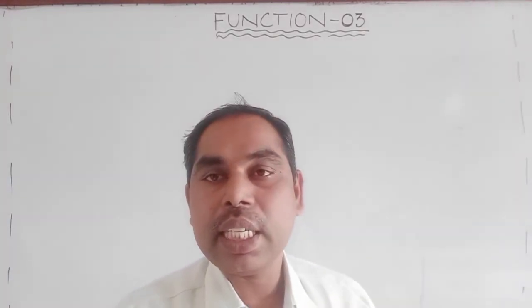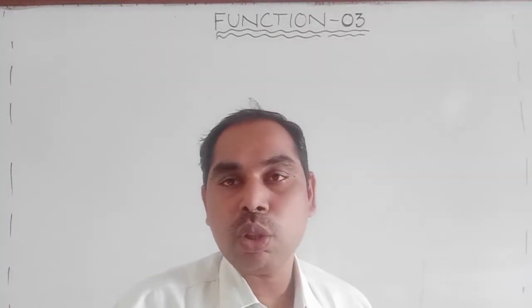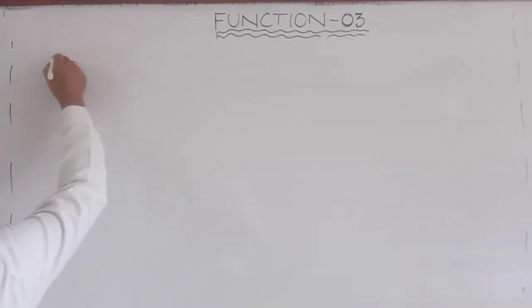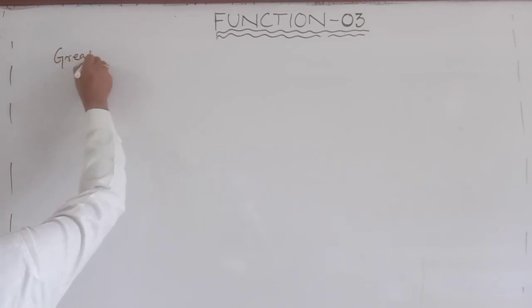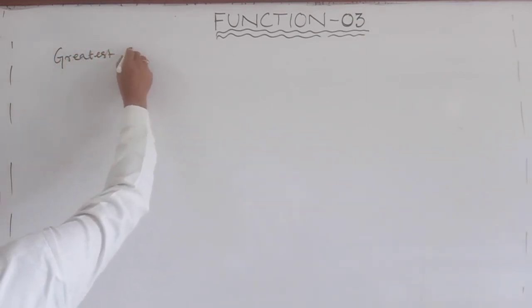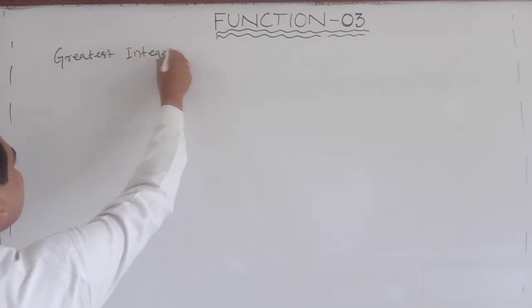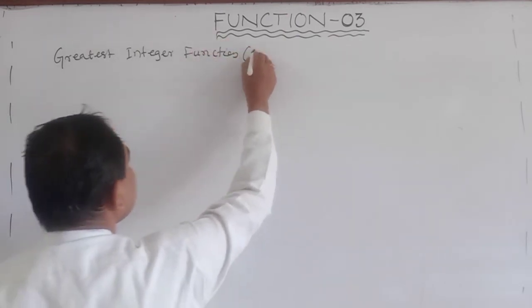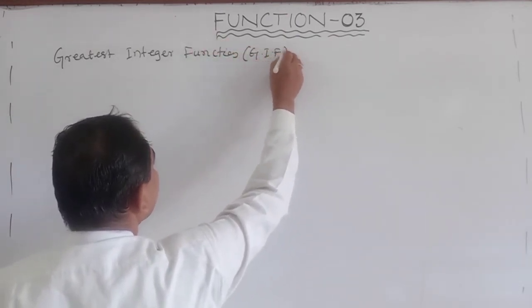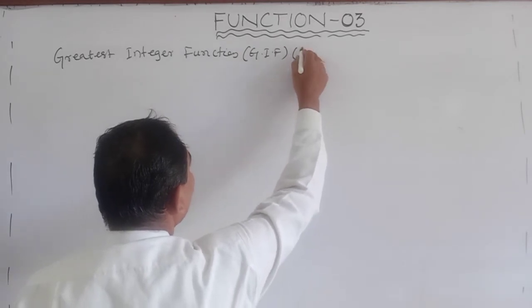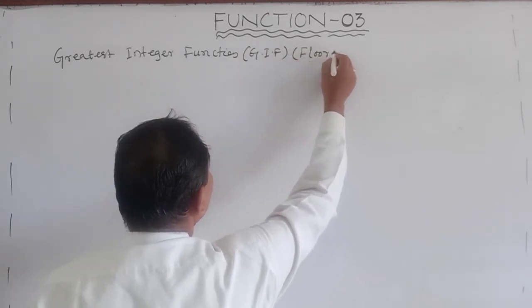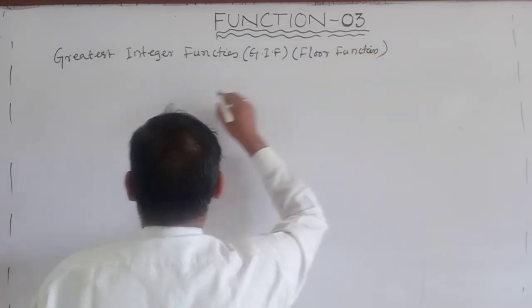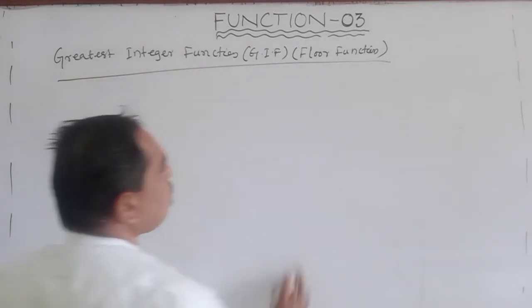Next, the greatest integer function, also called the floor function. Greatest integer function, bracket, GIF, also called the floor function.